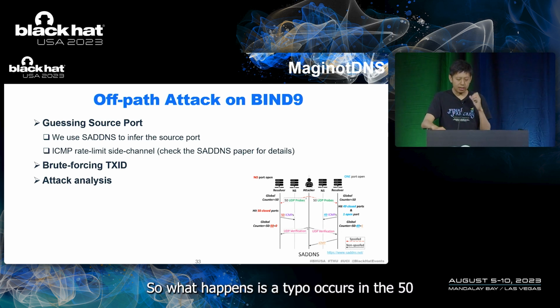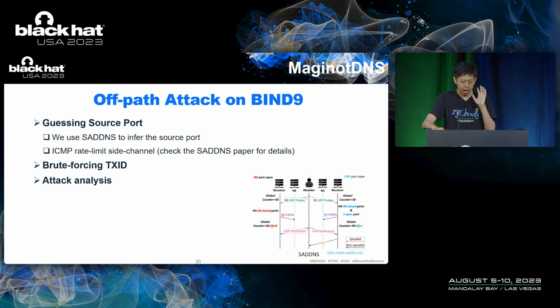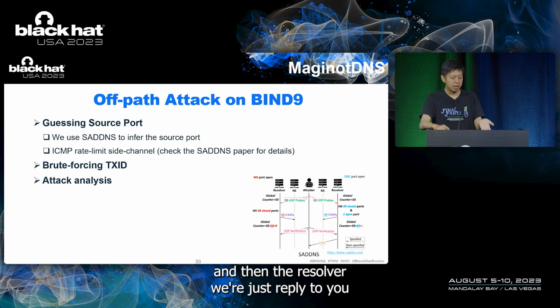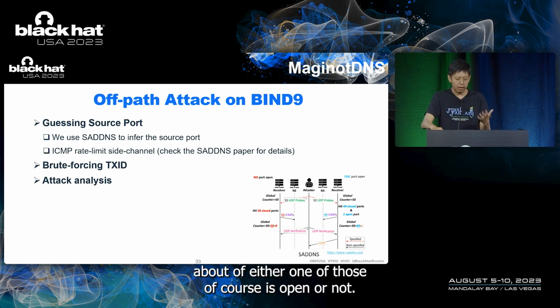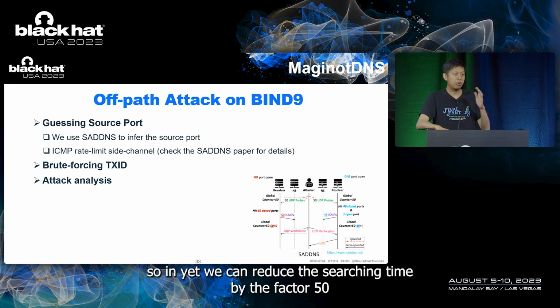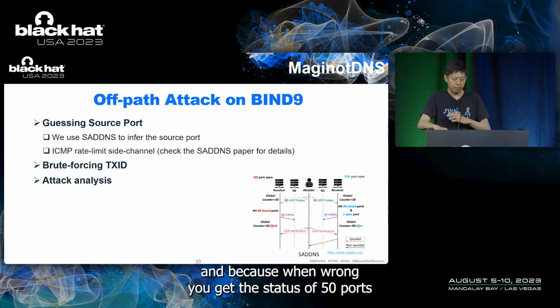So what happens is the attacker can send 50 UDP probes to the resolver in one round, and then the resolver will reply about whether one of those 50 ports is open or not, also in one round. So in the end, we can reduce the searching time by a factor of 50, because in one round you get the status of 50 ports.